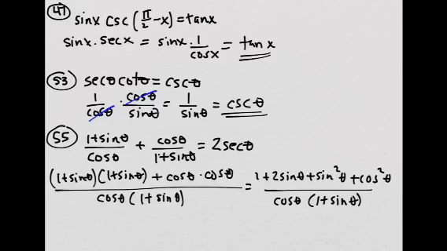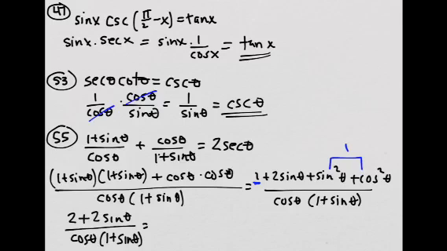So I see right here that this equals 1. Right? So 1, and then I have a 1 right here. So 1 plus 1 is 2. So I get 2 plus 2 sine theta over cosine theta times 1 plus sine theta.